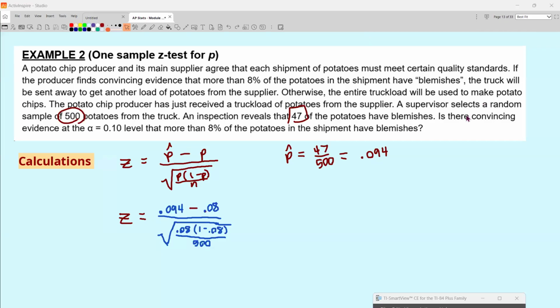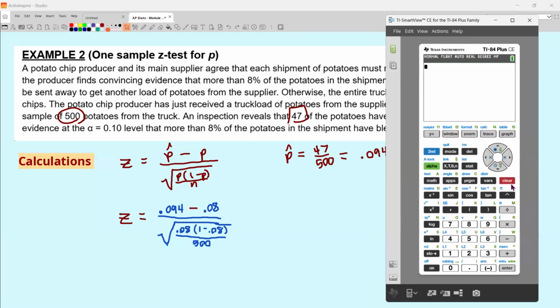Okay, I can put those into the formula now, and let's calculate that out very carefully. Let me model how we would do that in here. So I use my fraction menu, so I'll do alpha y equals, press enter. And on the numerator, I'll do 0.094 minus 0.08. Scroll down to the bottom and do second x squared, hit that square root, and do alpha y equals again.